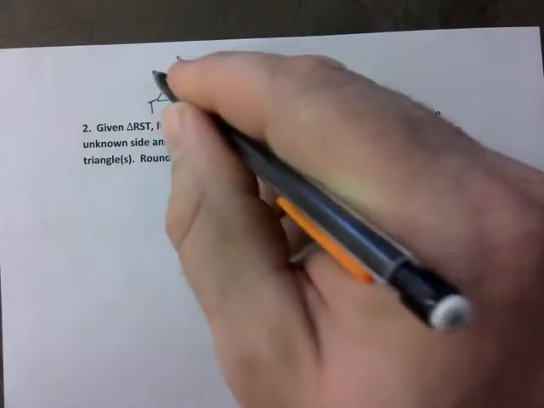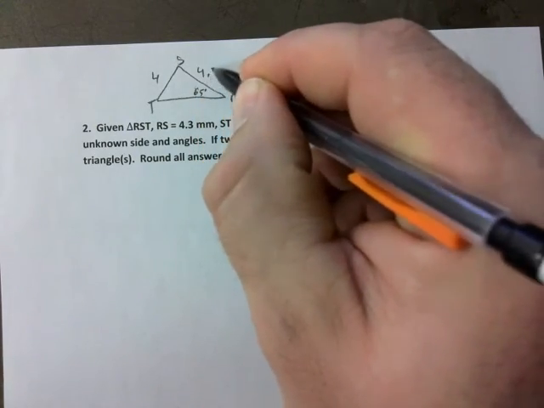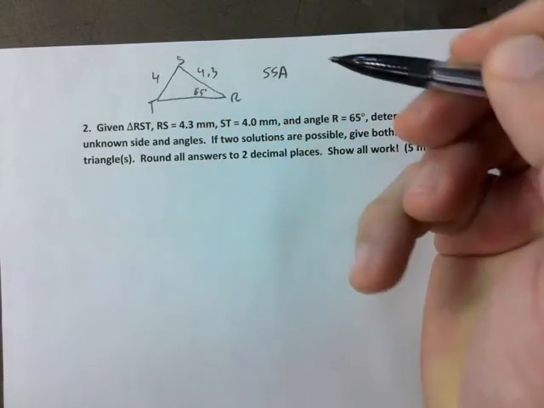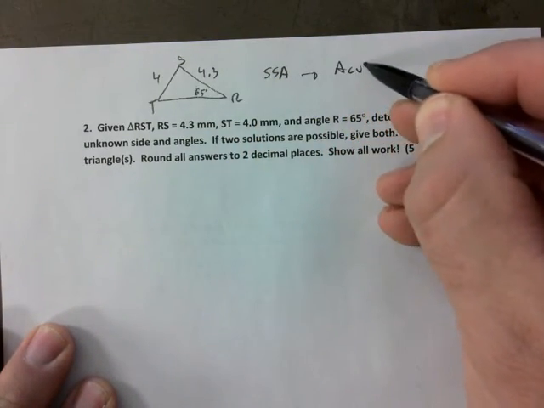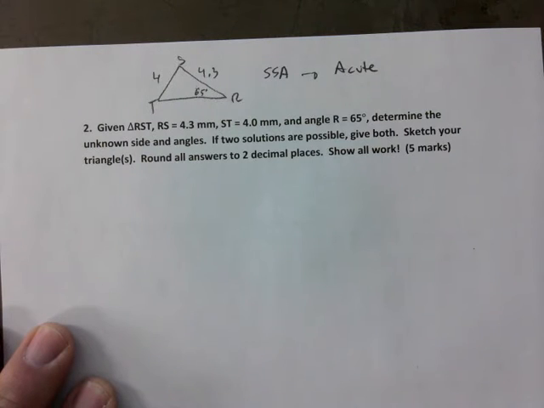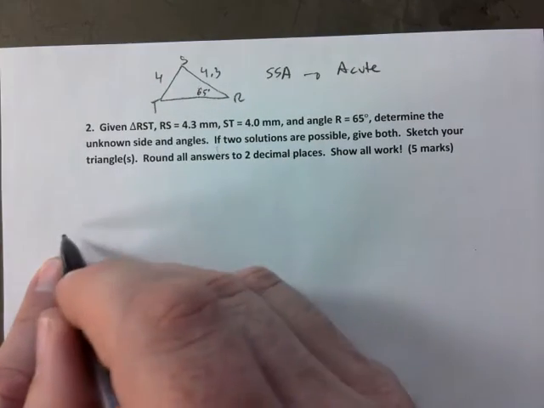ST here is 4, right? RS is 4.3. You know that it's SSA because you have a pair and a side, and it's acute, right? So you've determined that by just starting somewhere. And most often you'll actually just end up with the way you want it to look. So I'm going to force this to look like this.